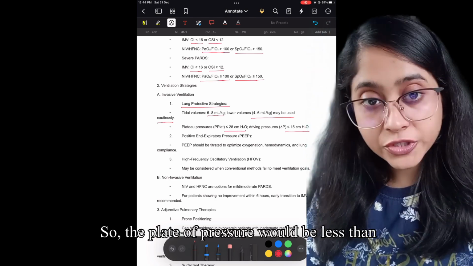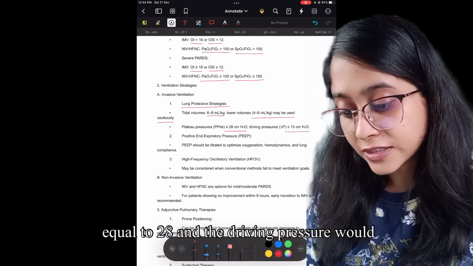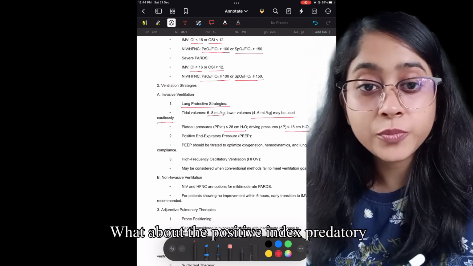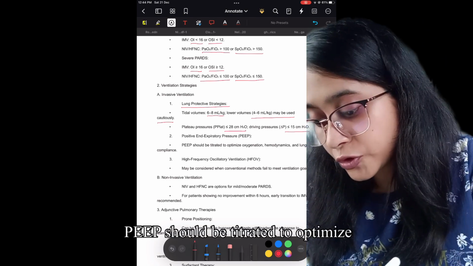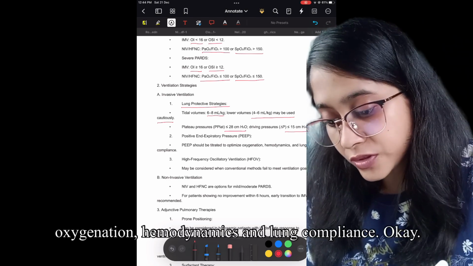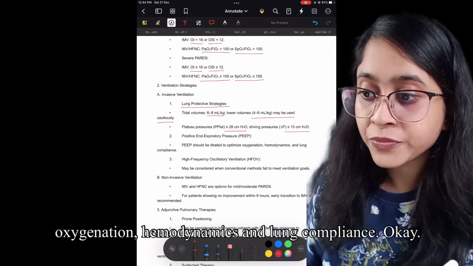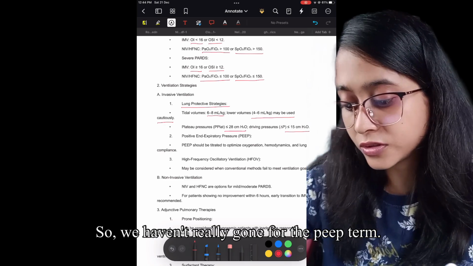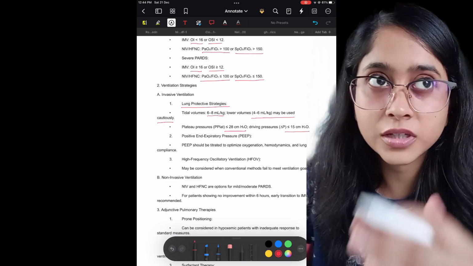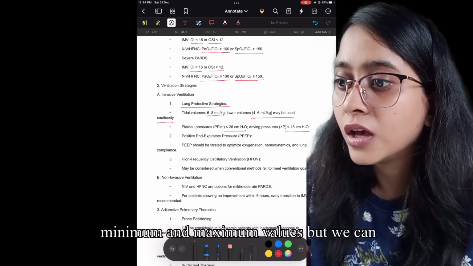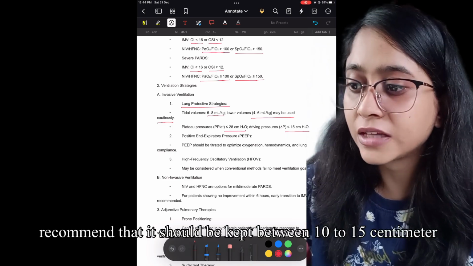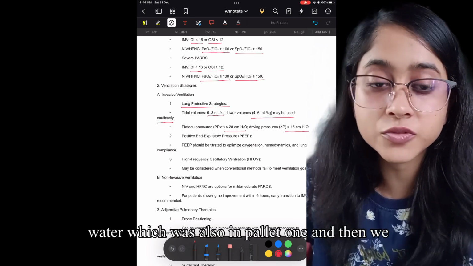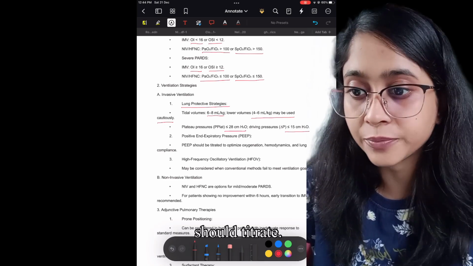What about the positive end expiratory pressure? PEEP should be titrated to optimize oxygenation, hemodynamics, and lung compliance. We haven't really set minimum and maximum values, but we can recommend that it should be kept between 10 to 15 centimeter water, which was also in PALICC-1, and then we should titrate.